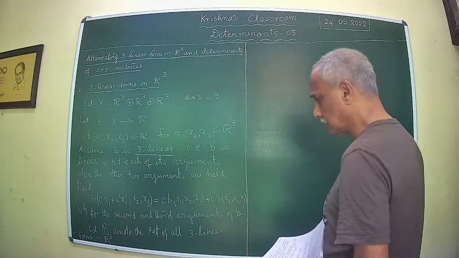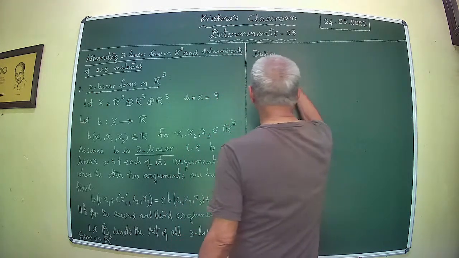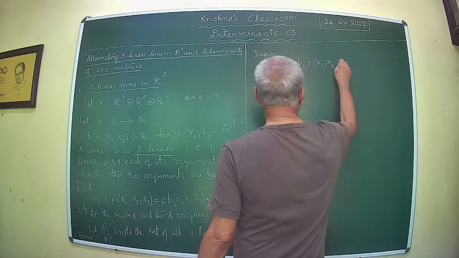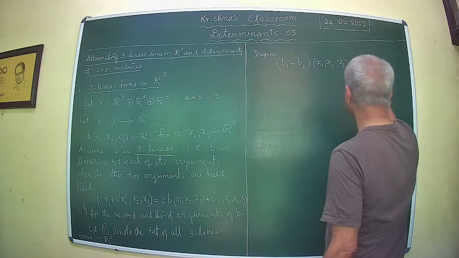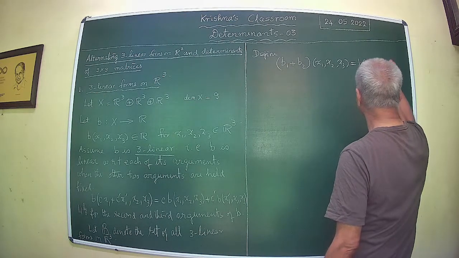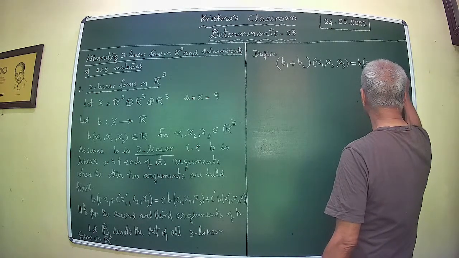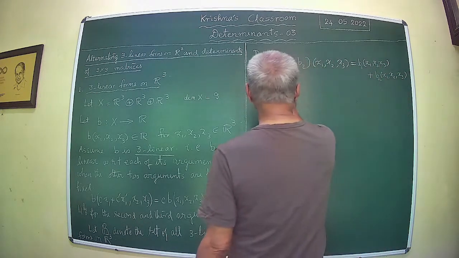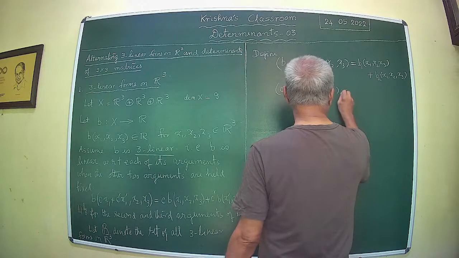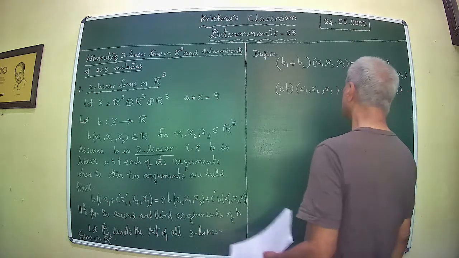Now, we define B1 plus B2 of x1, x2, x3, and it's also CB, where C belongs to R.